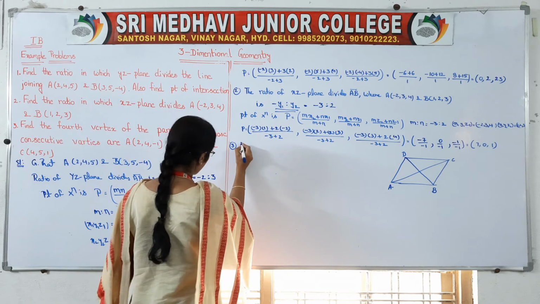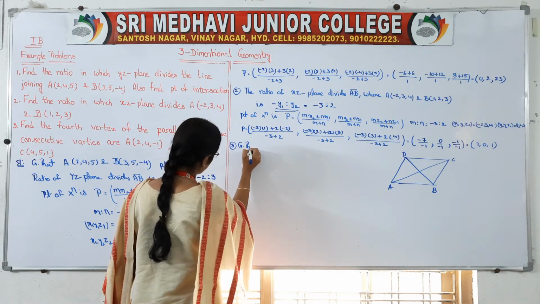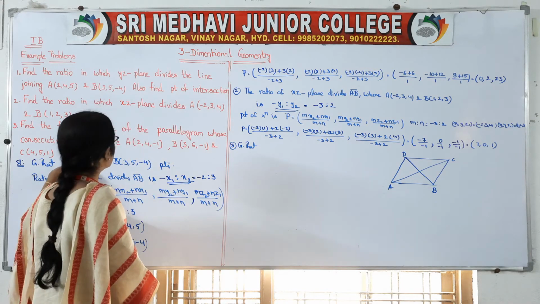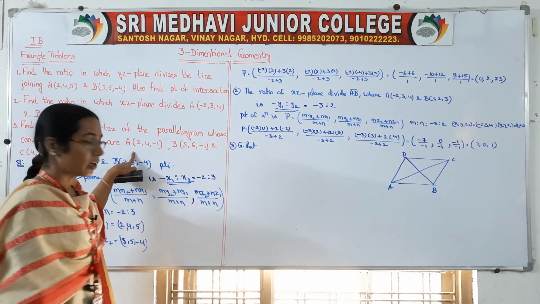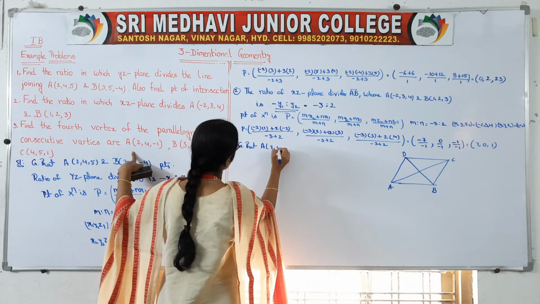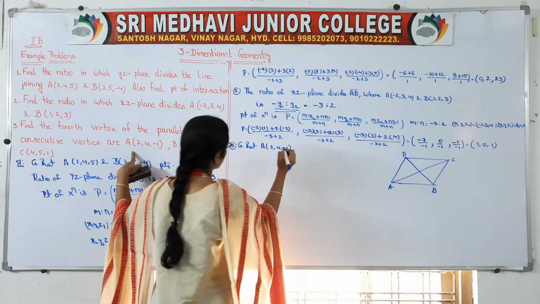Okay. So given that first 3 vertices of the parallelogram are given to us. First one A, what is that? 2, 4, minus 1.